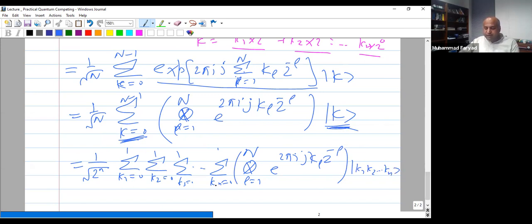This is something that we have already discussed, that k from 0 to 2^n minus 1 essentially means alternating the values of all of these qubits to 0 and 1.